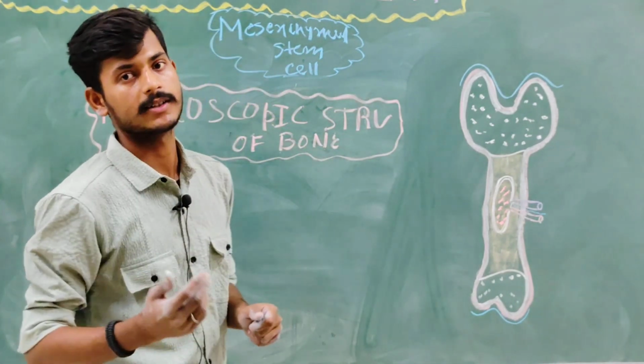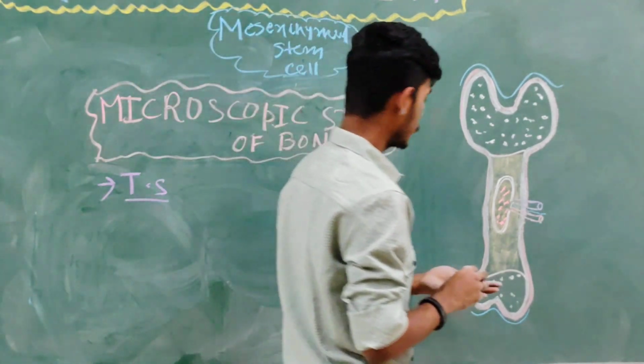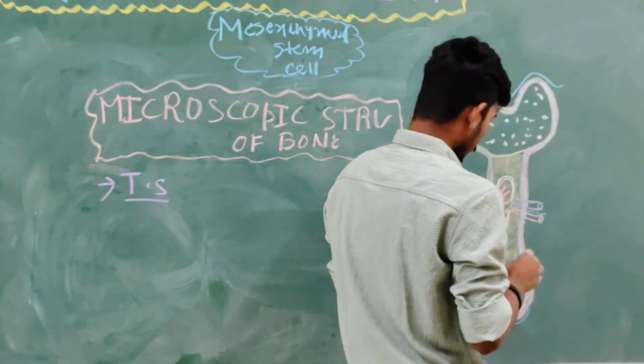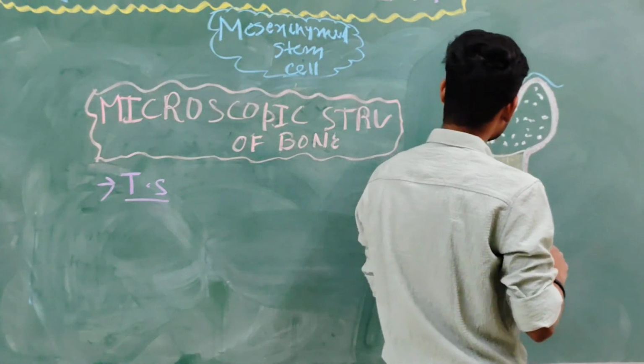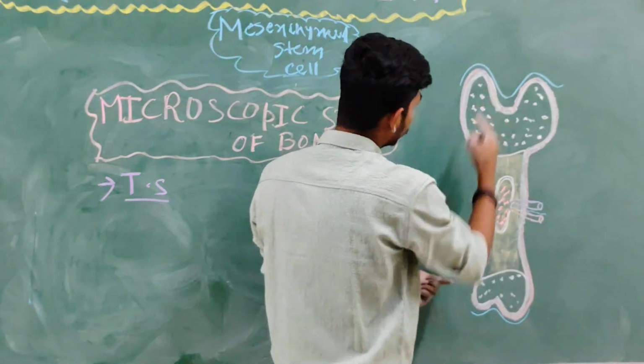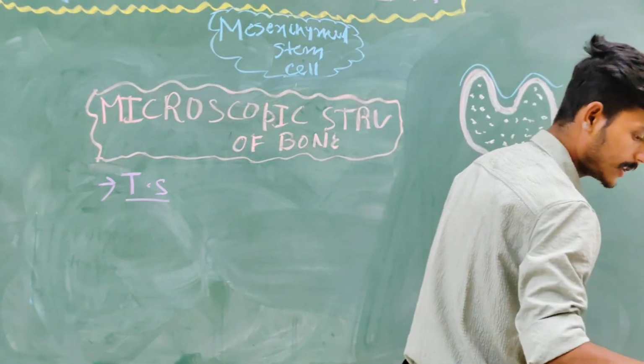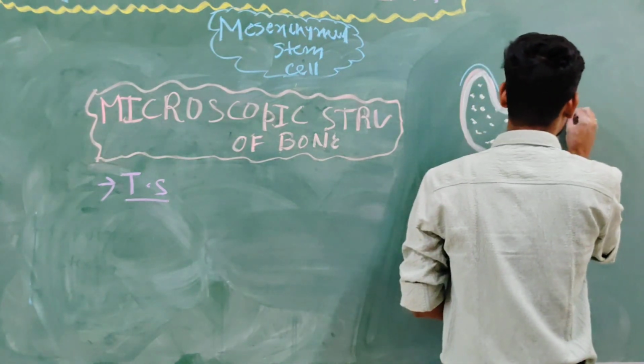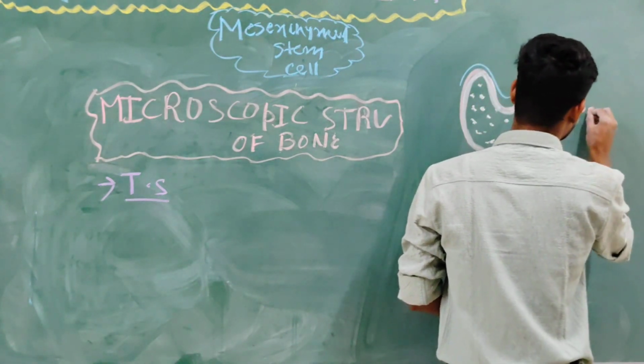Take the example, it's your femur bone. Now the first membrane, as you are seeing, which covers the entire bone, this red one, this is your hard covering of the bone, that's your periosteum.